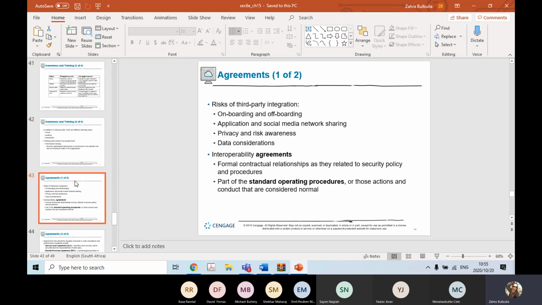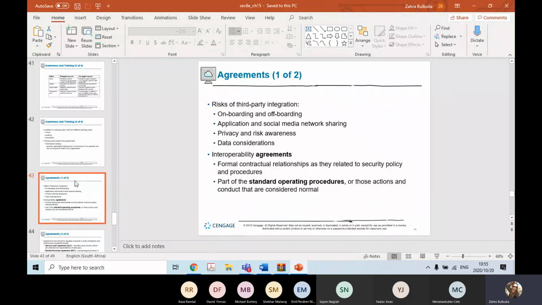Agreements, risks of third-party integration. This is if you employ a third party to take on some of your risk, you have to think of onboarding and offboarding. In other words, when employees join, what would be their procedures?